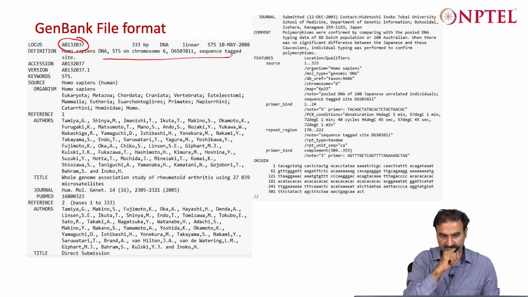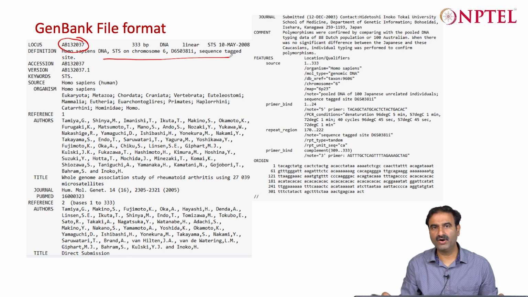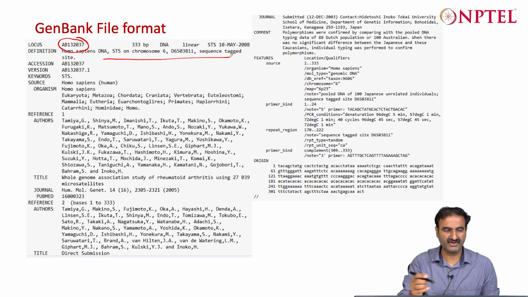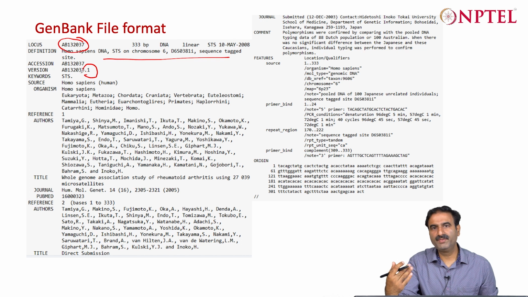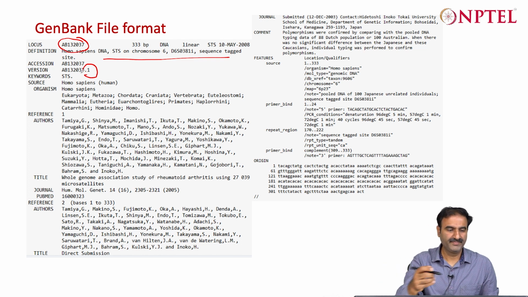You can see here that in the GenBank format I can get all the information that may be required for my further research. For example, the locus, the definition, which is the title, the accession number, then the version. You can see AB132037.1. This means that this is version number 1. If there is some modification later, it could be .2 or .3 or .4.